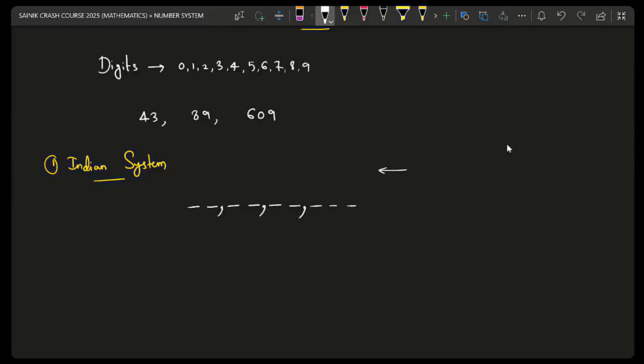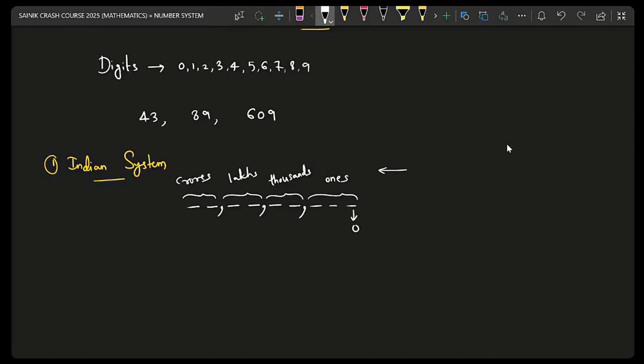Starting from right to left, this is called ones period, and this is called thousands period, and this is called lakhs period, and this is called crores period. Now, in ones period, we have some places.